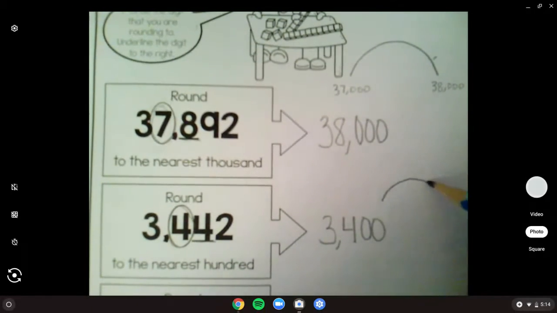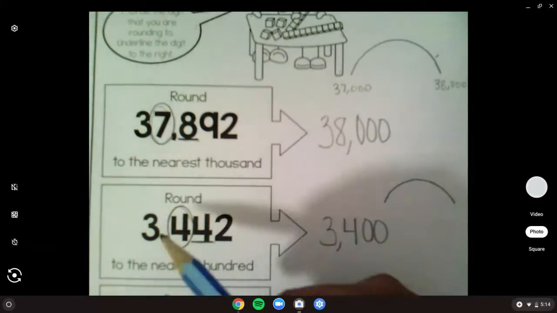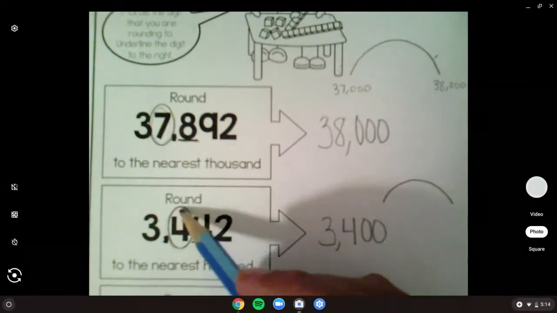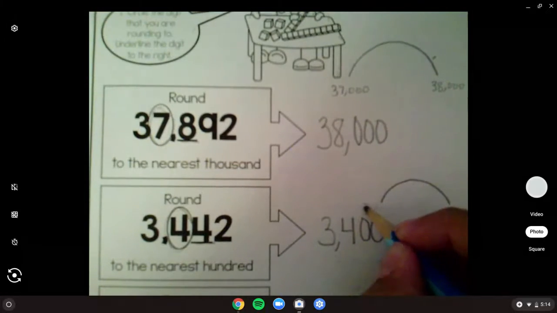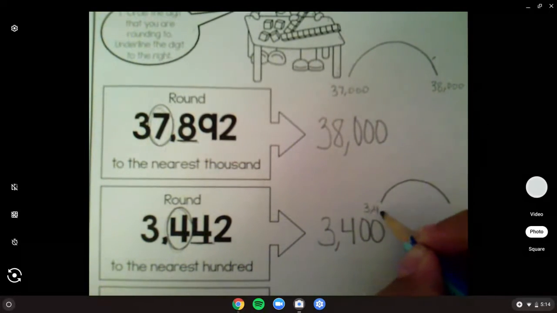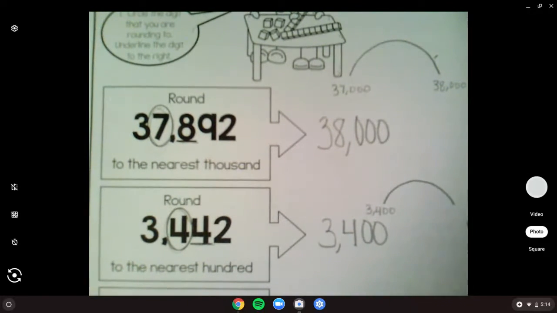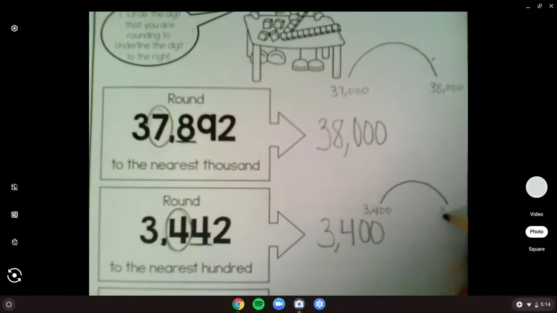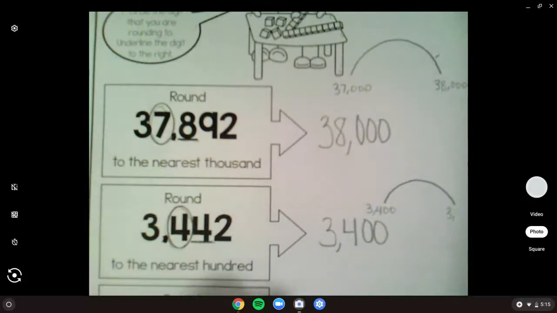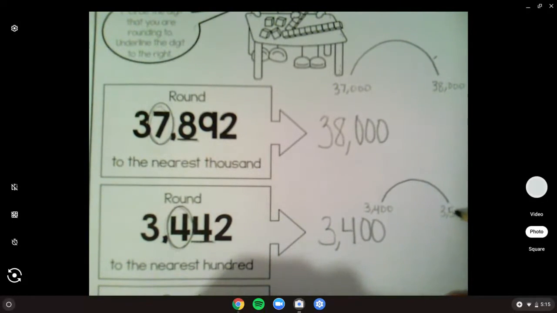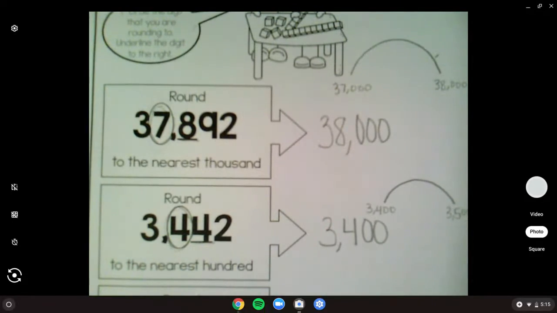So let's just double check. I'm imagining I got this hill. I'm trying to round to the hundreds, so I'm thinking the smaller 100 it could go to would be that 3,400. The next 100 up, just that 100 spot, would be 3,500 instead. So 3,442 is kind of about here, right?